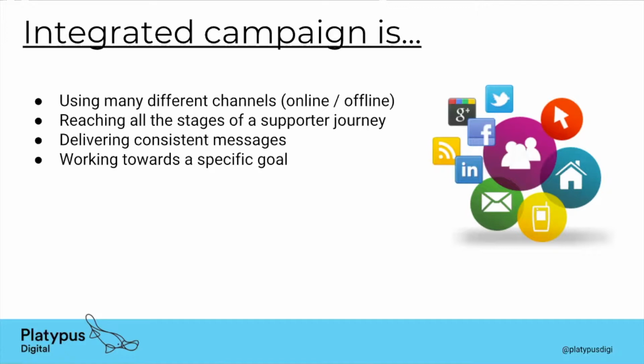So we're talking about campaigns that go across all of those channels, and one that works towards a specific goal. That is something that you decide as an organization, what you're trying to achieve. Usually that's one of the reasons that the campaign is time limited in the first place. It's a specific end goal that you're working towards, and hopefully when that end goal has been achieved, then the campaign can come to an end.